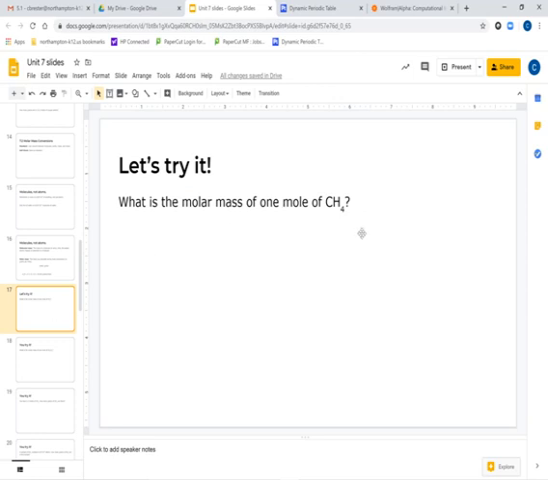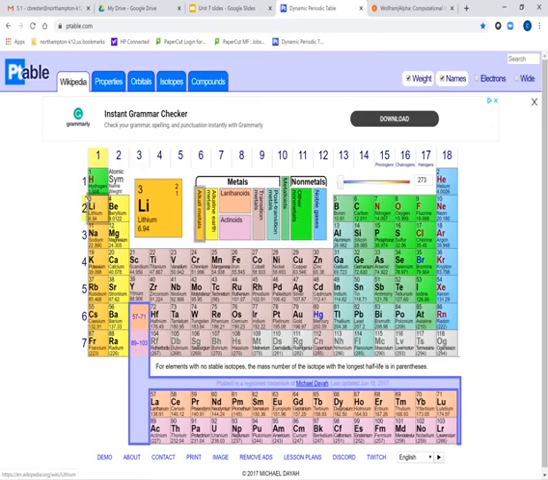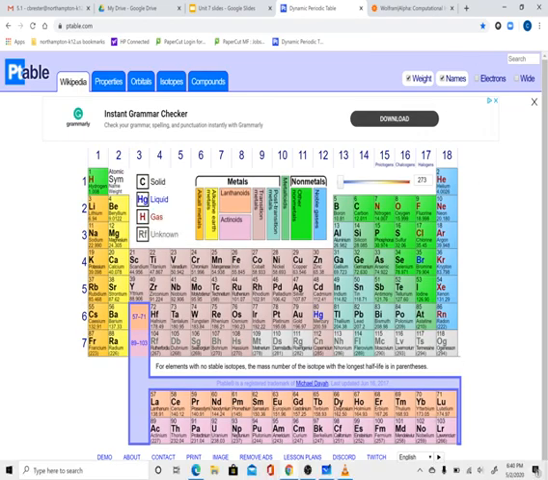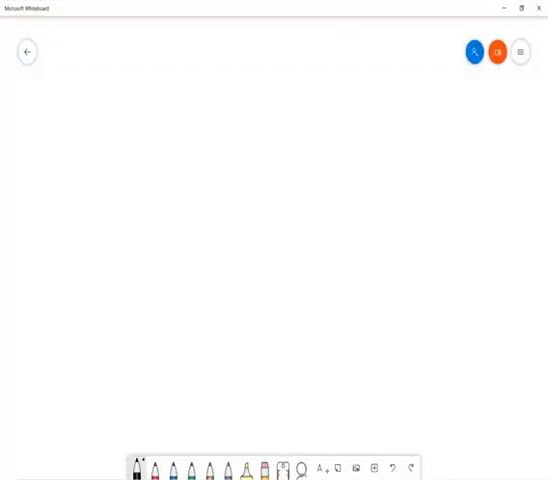So let's try this. We've got the molar mass of 1 mole of CH4. So that means hydrogen, 1.008, and we have 4 of those, and then we have 1 carbon. Carbon is 12.011.